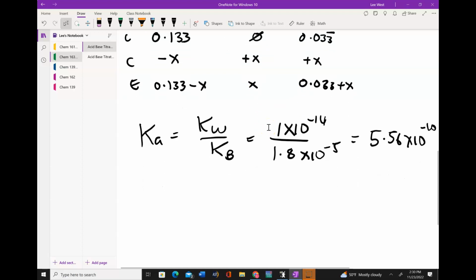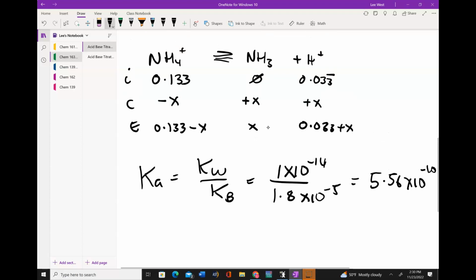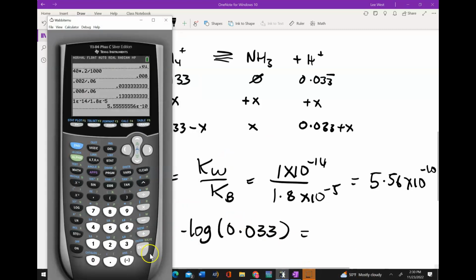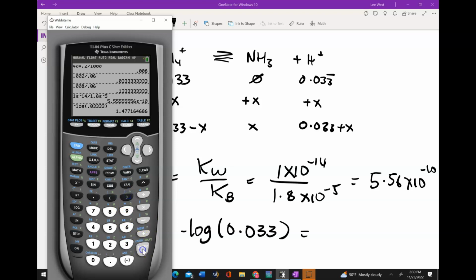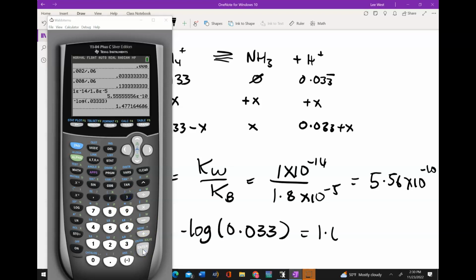So if we were to calculate the pH here, just ignoring x, we would just do pH equals negative log of 0.033. Let's see what we get when we do that. Negative log 0.033, and we can put a couple of 3s there because we knew that that was recurring. And there's our pH, 1.48.